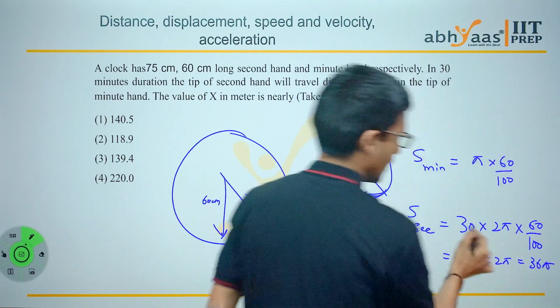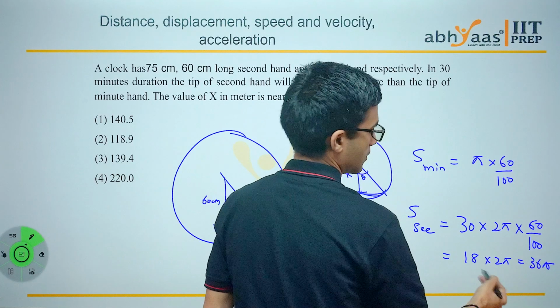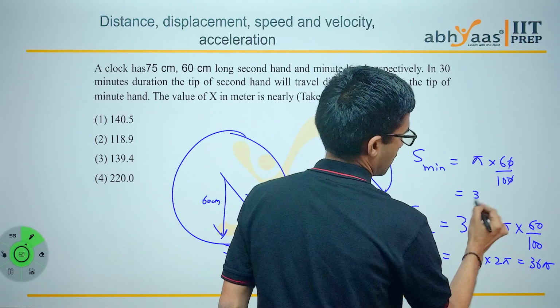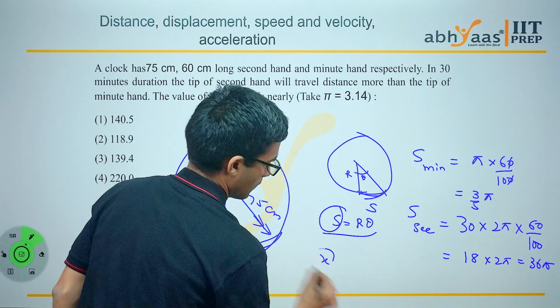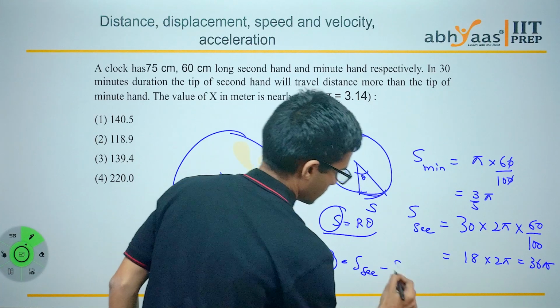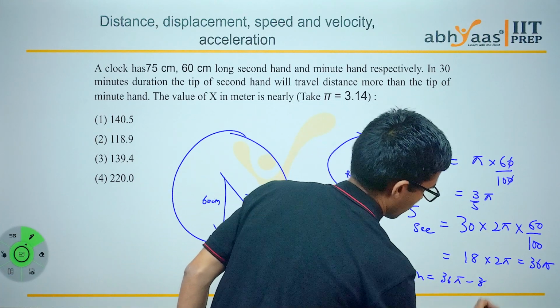Why? 100 cancelled, so that is 36 pi. And the minutes hand is 3 by 5 pi. So we need the difference: x equals S seconds minus S minutes, that is 36 pi minus 3 by 5 pi.